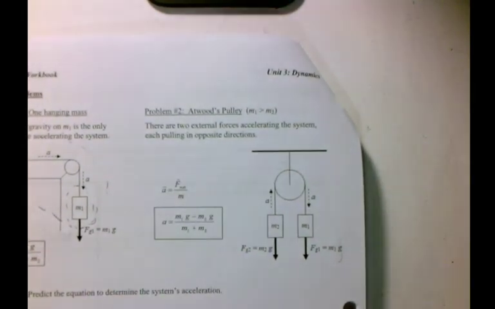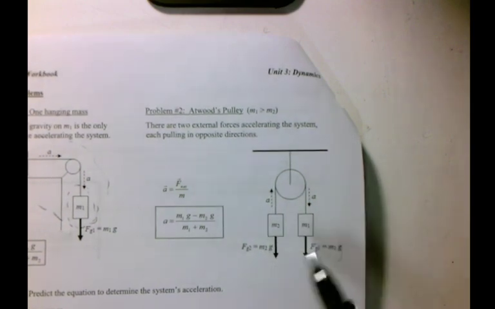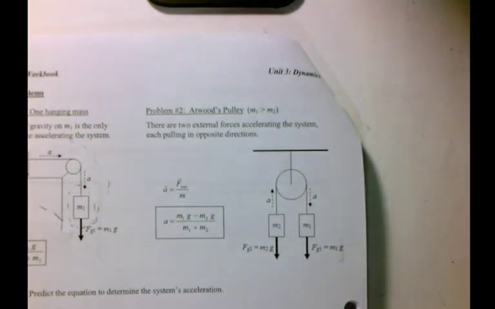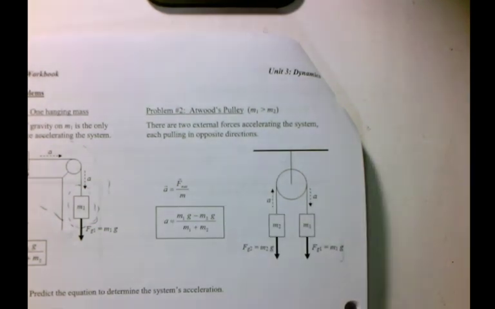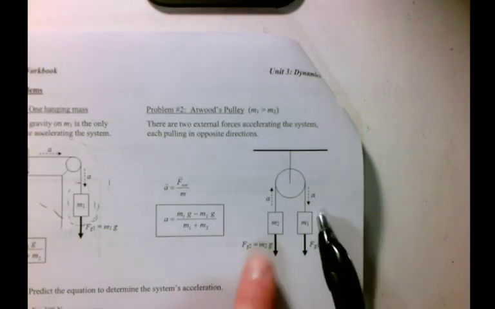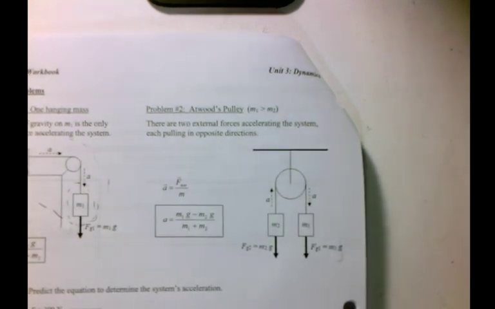An Atwood pulley, you'll see this in the lab, is a little bit different. We have two hanging masses, there's no cart, and the gravitational force on each of them will contribute to the entire system's net force. So there are two external forces, the gravity on mass 1 and on mass 2, pulling in opposite directions. Whichever mass is greater will pull it down, but as it's pulling down, the mass of that second object will resist that motion and slow it down.